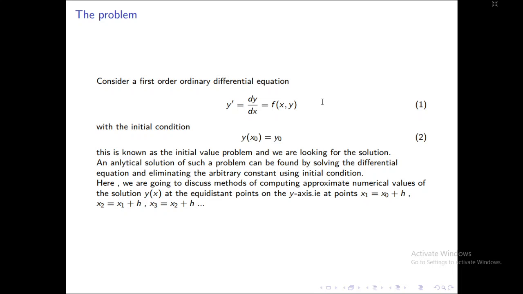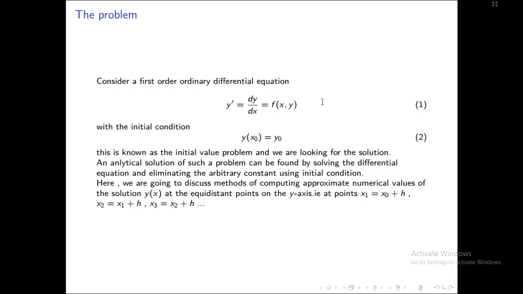The value of y at the point x naught is given. So a differential equation is given and an initial condition is also given, and we have to solve this differential equation, or this initial value problem.